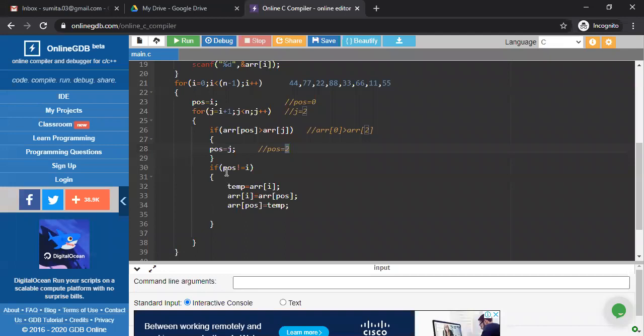Obviously 2 is not equal to I, because position value is 2 and I value is 0. So this is a true condition, and this part is executed.